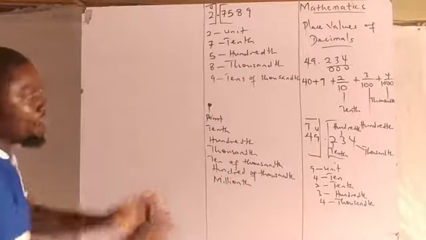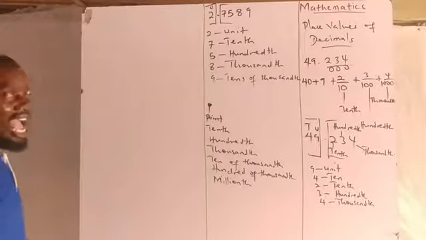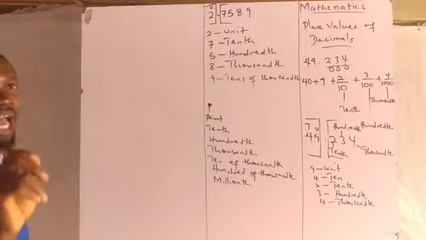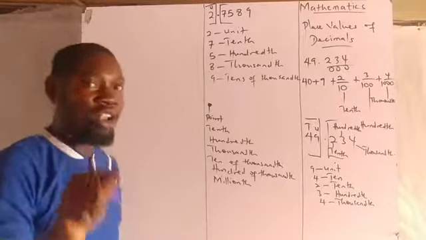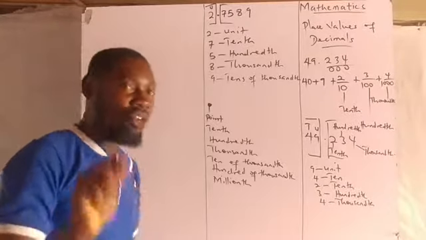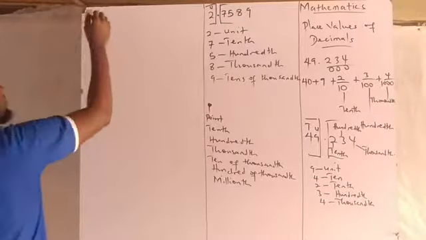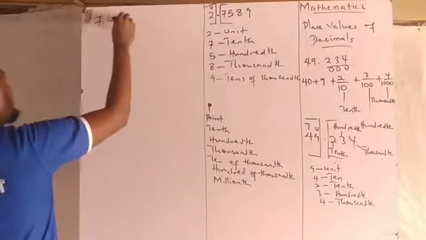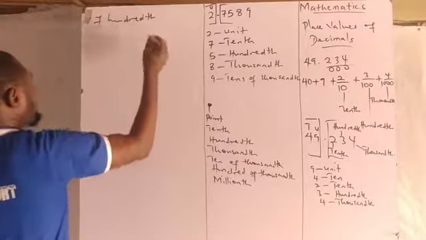So now that you know your place values, if I ask you, write for me 7 hundredths, how do you write this in mathematics?